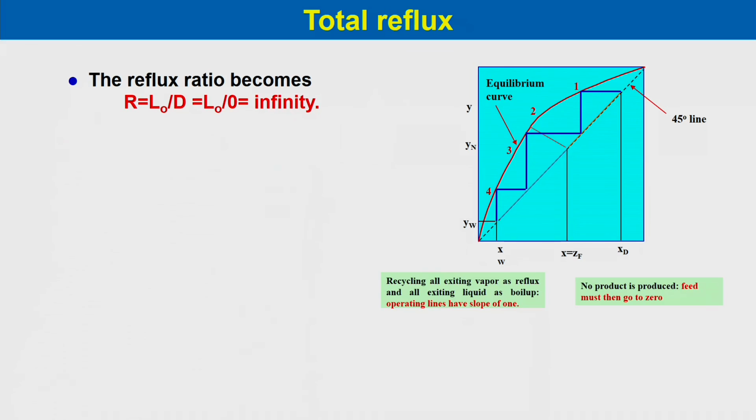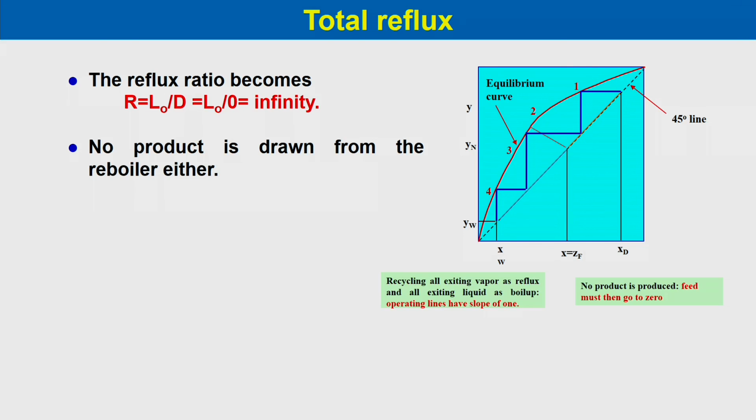At total reflux, the reflux ratio becomes infinite because R is equal to L naught by D, and we are not taking any product out. All the vapor is condensed and returned back as reflux. So, no distillate is taken out, so the reflux ratio is infinite.